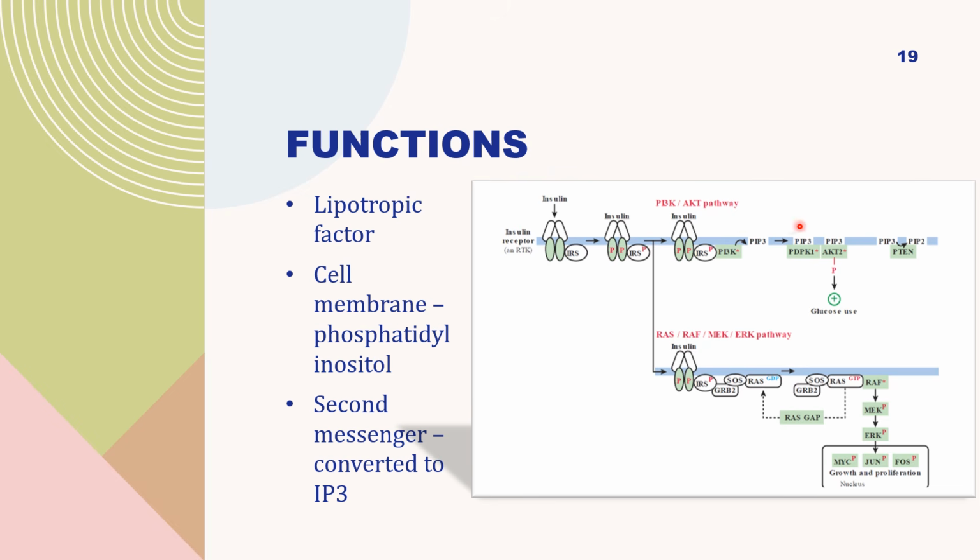So inositol will be supplemented, and it will be beneficial in conditions where insulin resistance is more common, like polycystic ovarian syndrome. So supplementing myo-inositol for such patients will be beneficial.